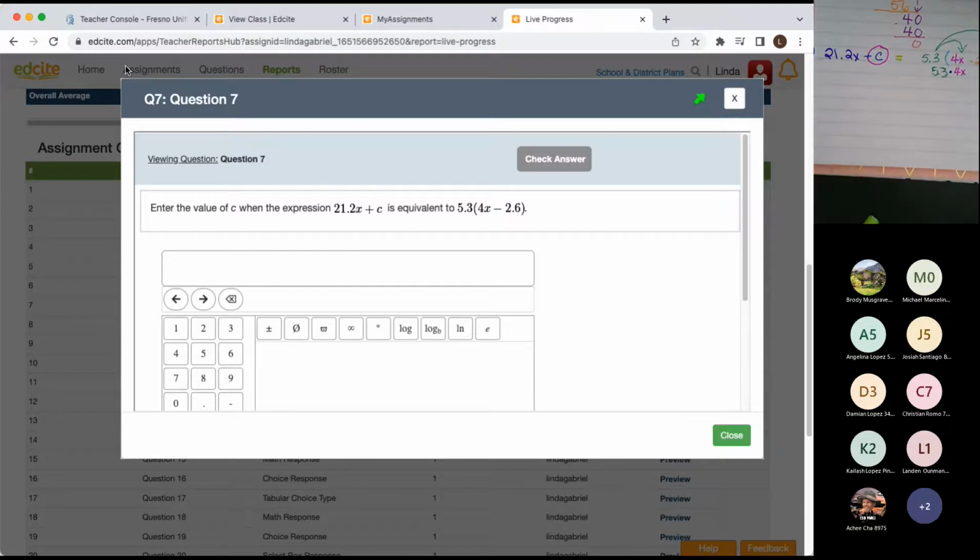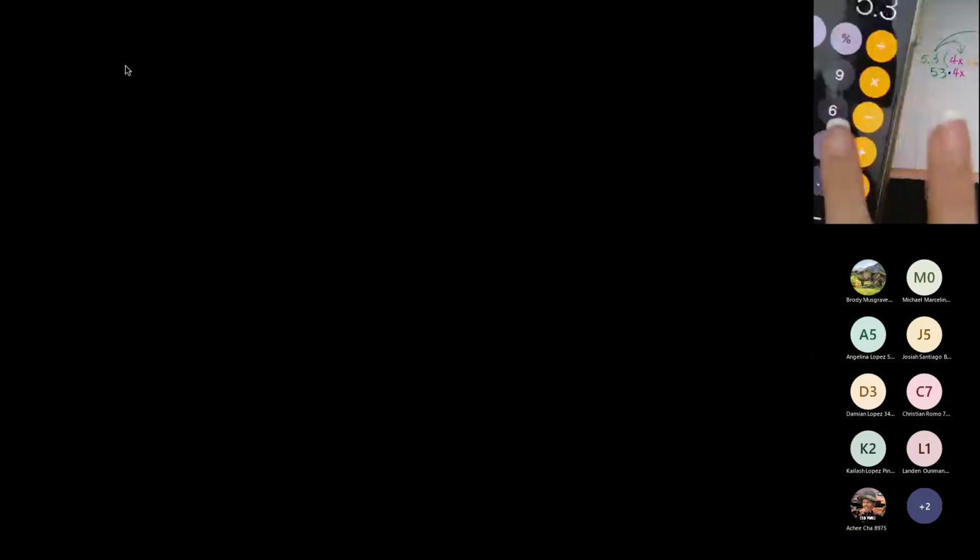Then I will have 5.3, and I'm going to multiply that, and I'm going to hold on to that sign when I multiply, by negative 2.6. So I have 5.3.